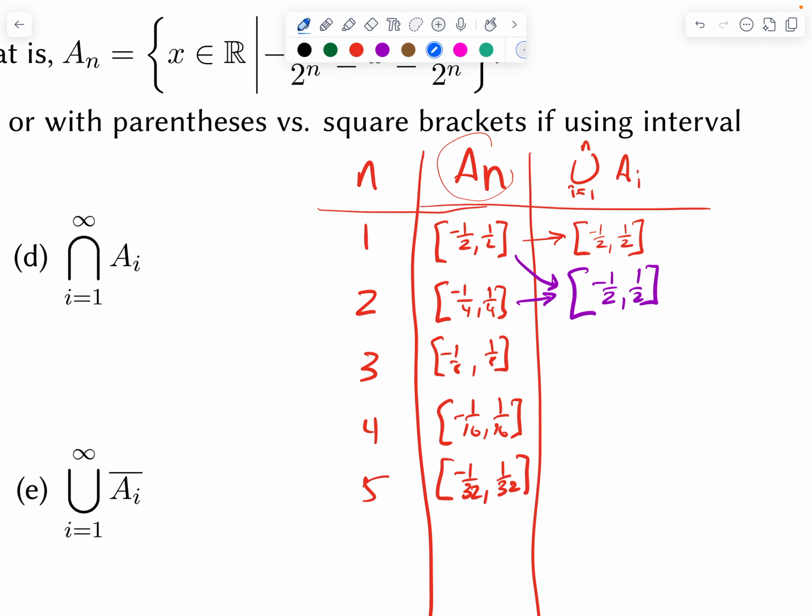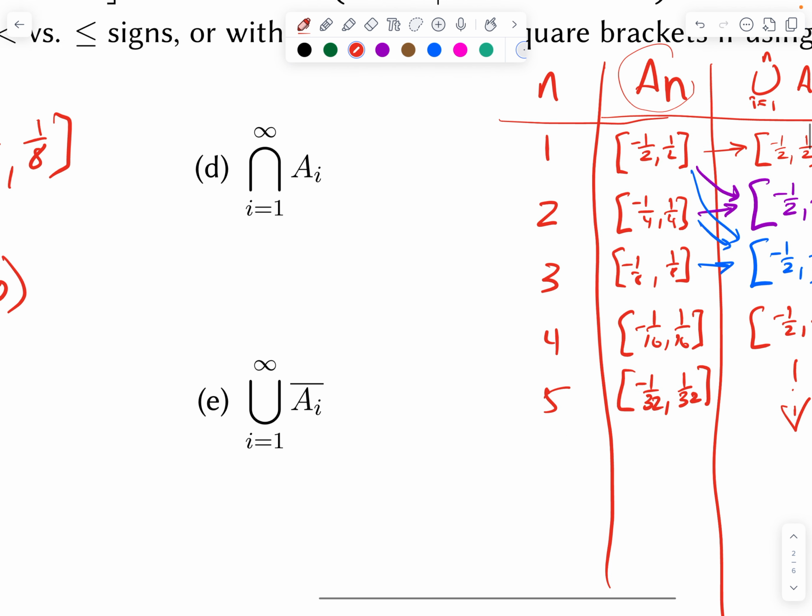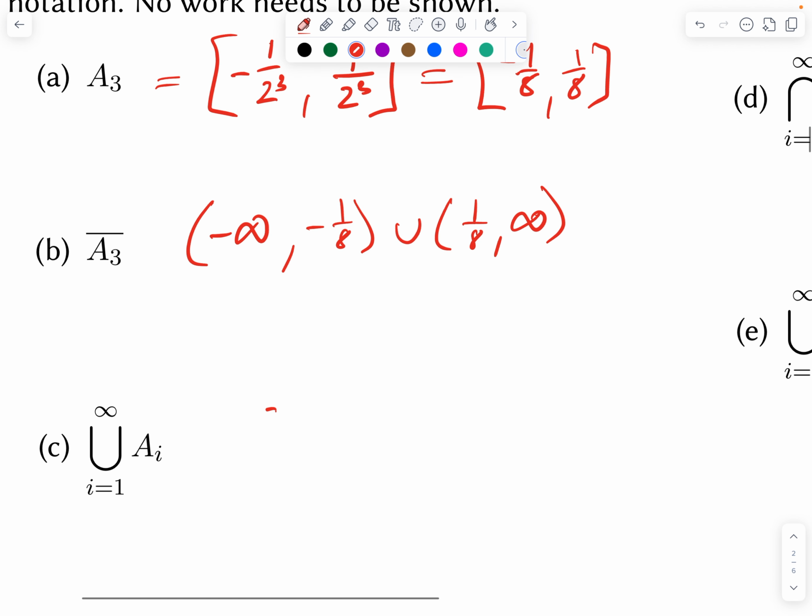And then the next one, you're unioning this and that, which is still negative 1/2 to 1/2, because that is the biggest of all the sets. Dot, dot, dot. And so the limit, you can see, is going to be from negative 1/2 to 1/2.